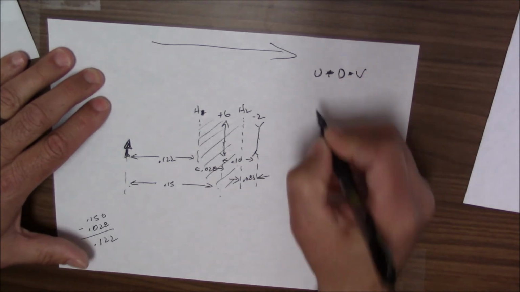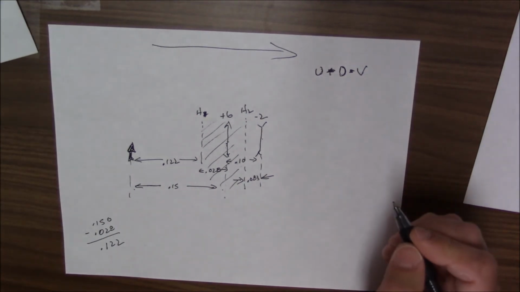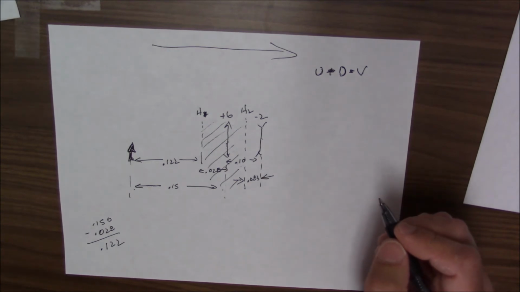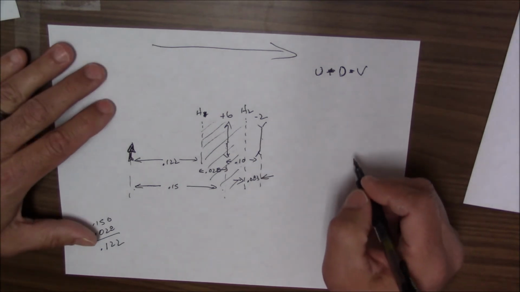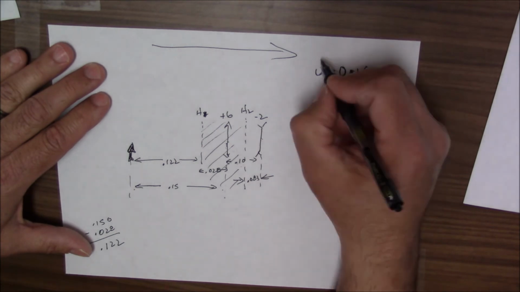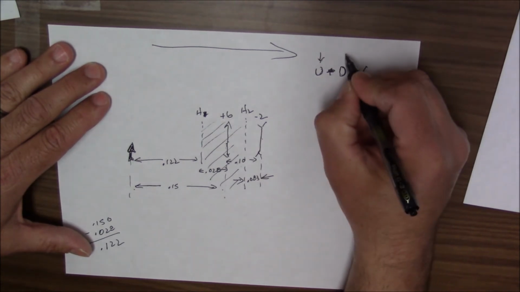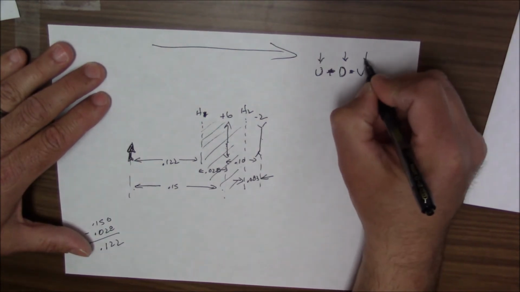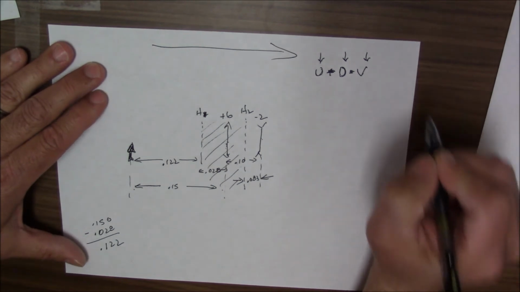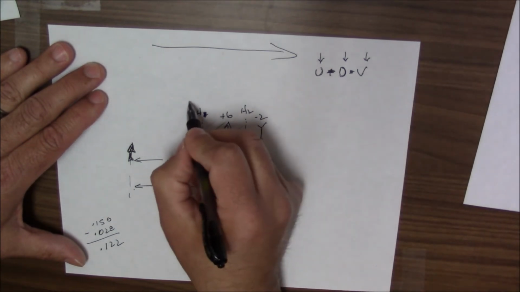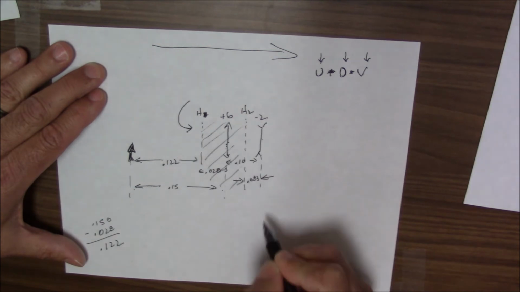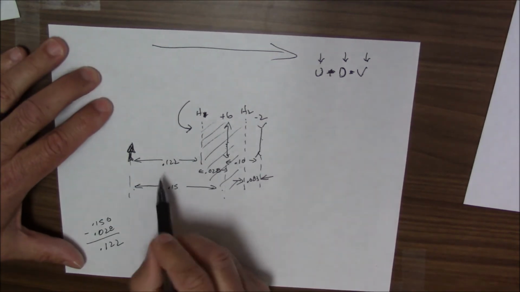If you can't remember anything else, you can fall back on that, and it makes life easier. So the U coming in is the vergence coming in, D is the power of the system, and V is the vergence exiting the system. I want to know what the vergence is entering our primary Gaussian plane. To figure that out, I have a linear value, that's my 0.122.